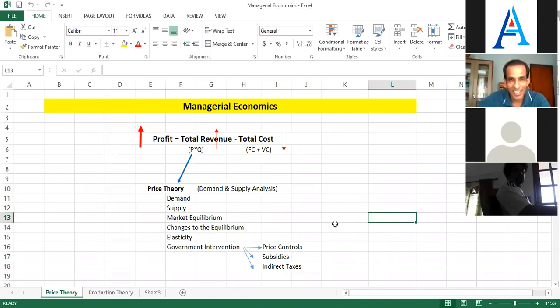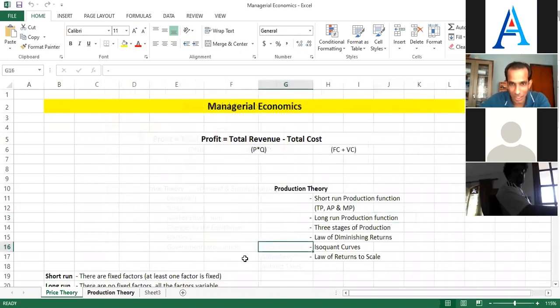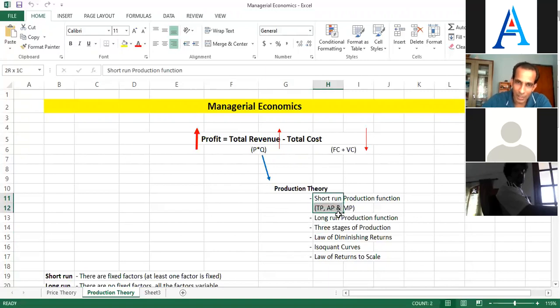All right. So last week, after we completed the price theory, we started production theory. Under the production theory, we discussed that in order to maximize total revenue, in addition to price, the organization has to manage production also, right? So there are several key production concepts.